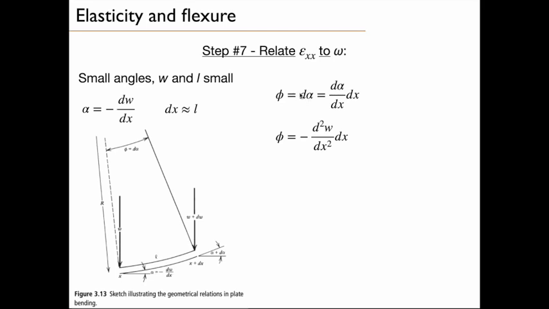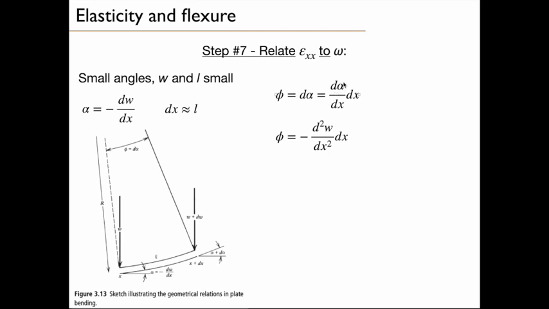So let's express d alpha as d alpha/dx times dx. And now we will substitute d alpha/dx by minus d2w/dx2.